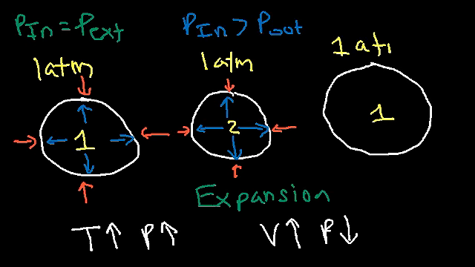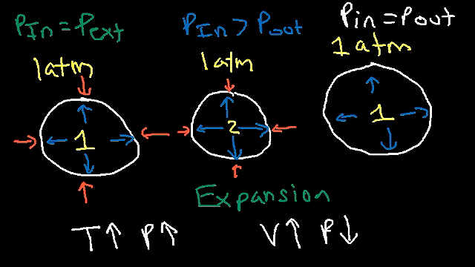Once the internal pressure equals the external pressure, the balloon will no longer expand. It will stop expanding at this point. What we've reached is a state of equilibrium, where the outside forces are equal to the inside forces, and expansion will cease to occur.